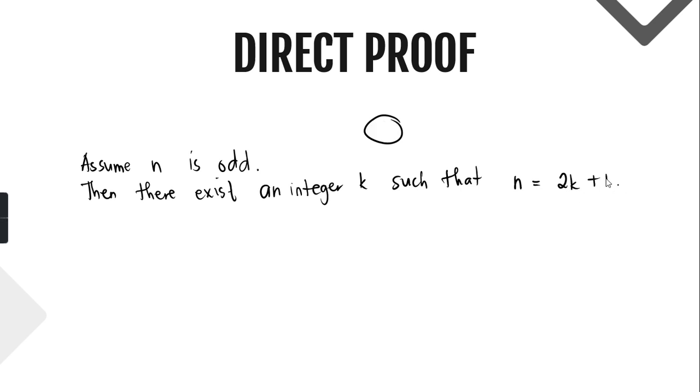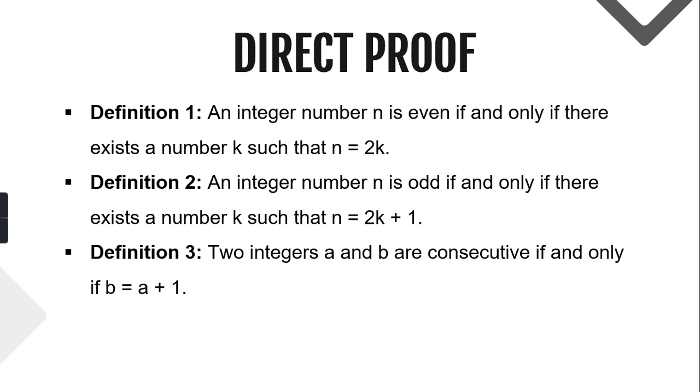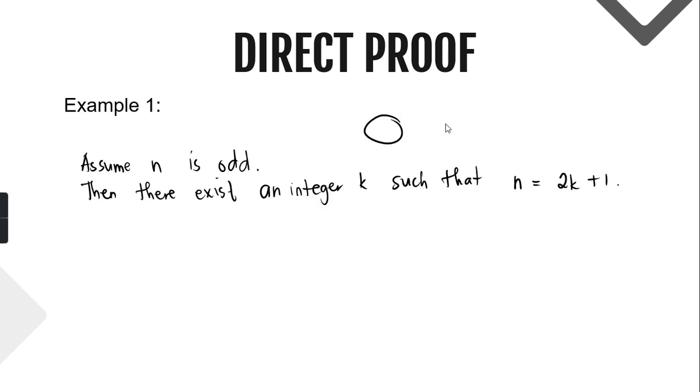Based po doon sa ating definition earlier. Ayan. So, definition number 2 natin, n is equal to 2k plus 1 if it's odd.